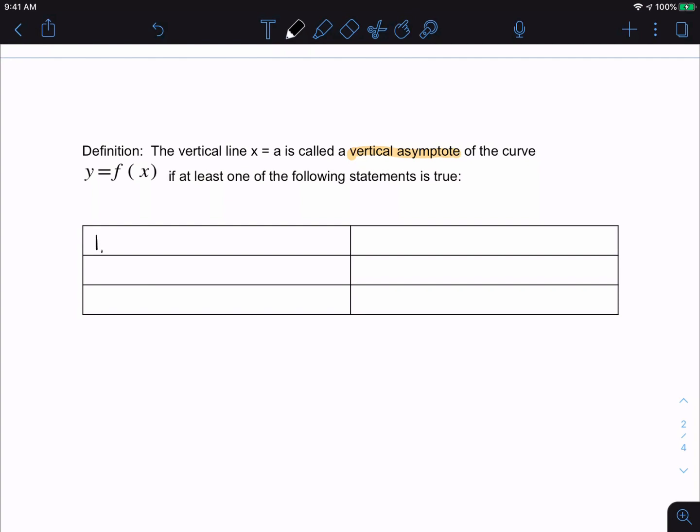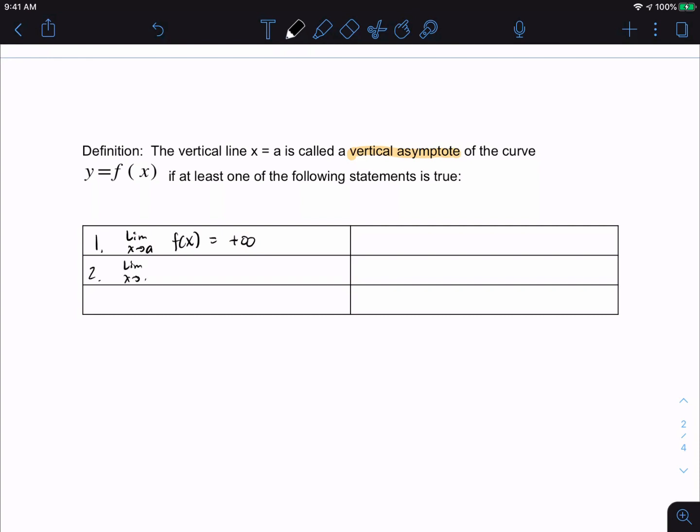1, the limit as x approaches a of f of x is equal to positive infinity. So if the limit equals infinity, we end up with a vertical asymptote. Okay? If it's a limit approaching from both sides, we have a vertical asymptote.